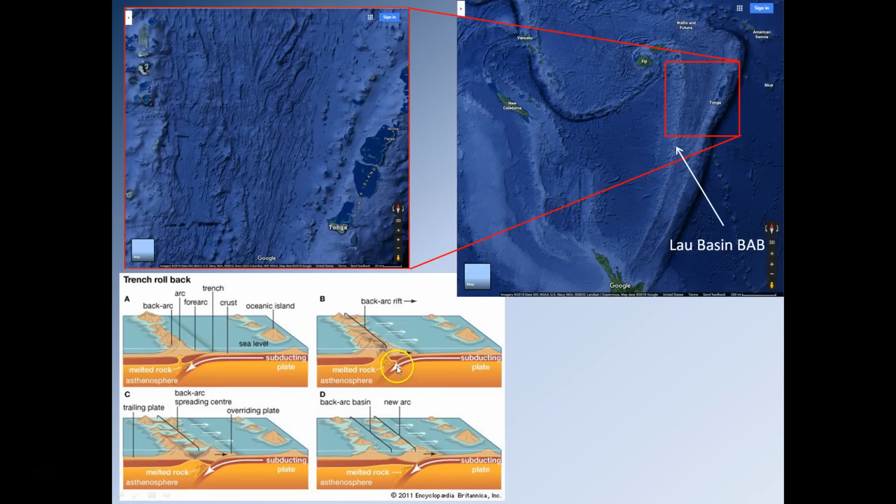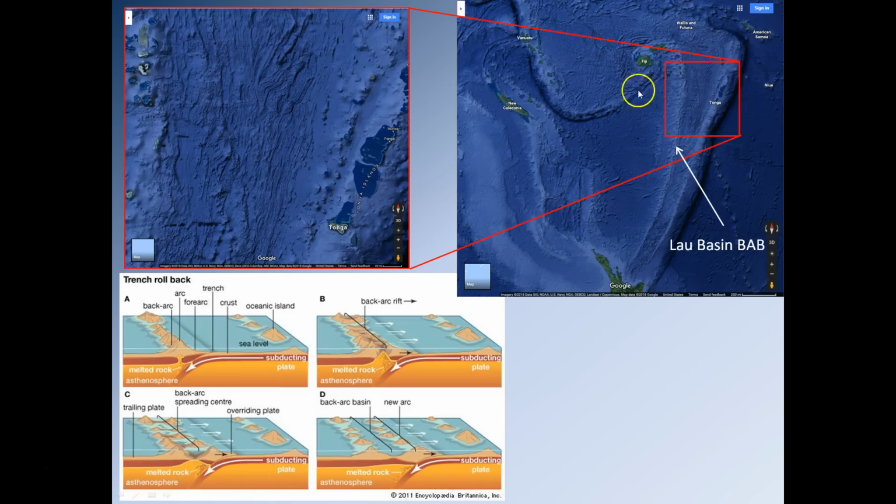And so if the slab rollback continues, the island arc will become more and more stretched, and eventually you will build up a basin in between the two halves of the island arc. And if you stretch the crust thin enough in this basin, the mantle underneath will begin to melt through decompressional melting, and the magma produced will rise up into the basin and be erupted onto the seafloor in the form of basalts.